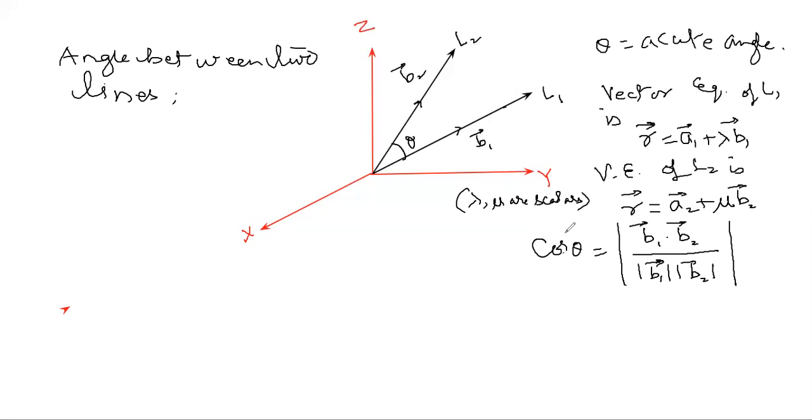So this is the angle between the two lines when vectors are given. When it is in vector form, this we did in the vector form. From the vector form directly we can convert into the Cartesian form.